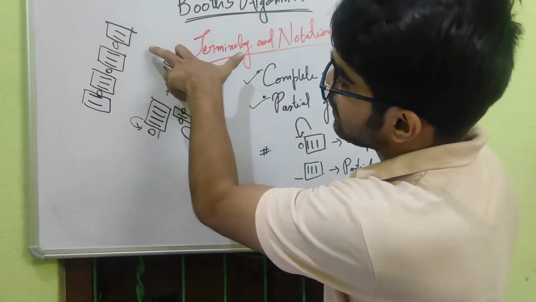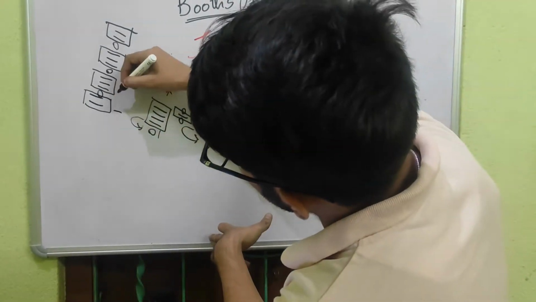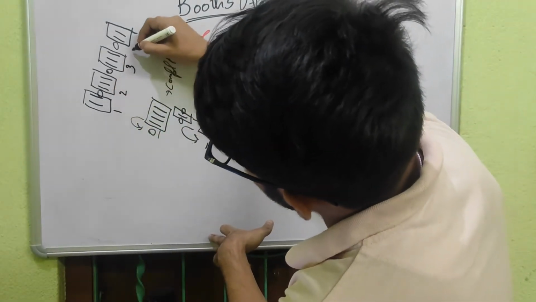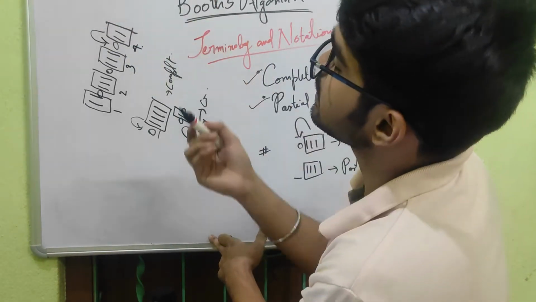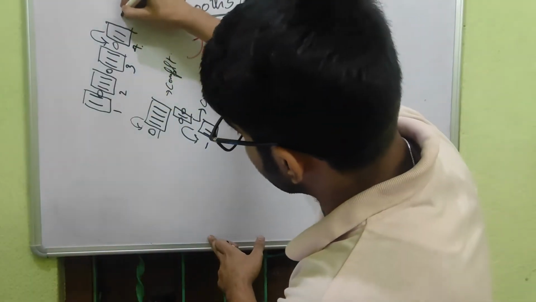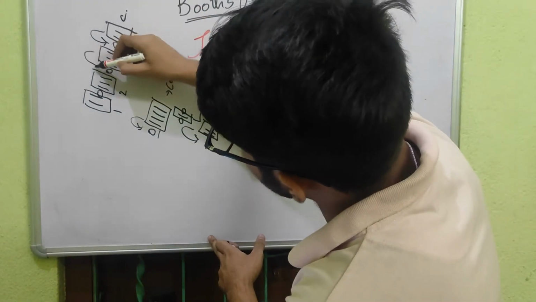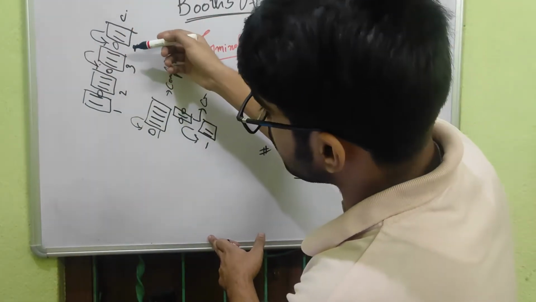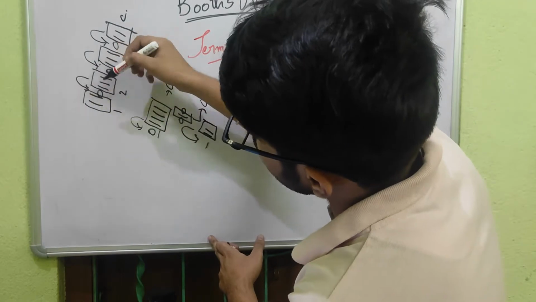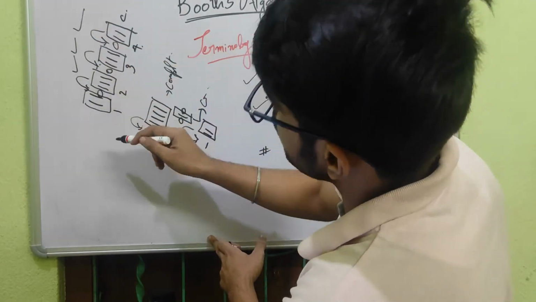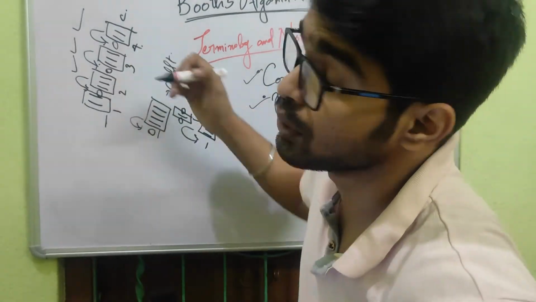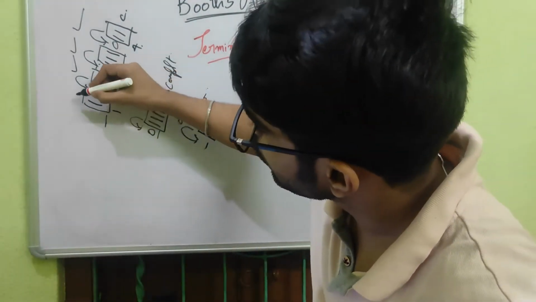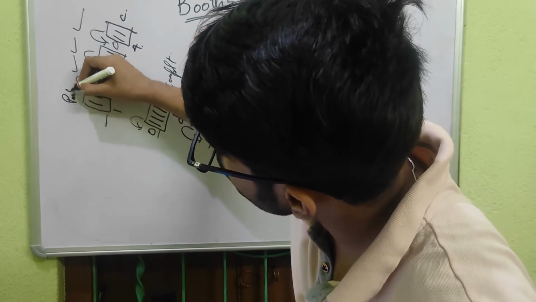So we have 4 blocks, say 1 2 3 4. We have a 0 to its immediate left, so it's a complete group. Again we have a 0 to its immediate left, so it's a complete group. Again for the same, these are the complete groups. But in the first one, we do not have any 0 to its immediate left, so this would be counted as a partial group.